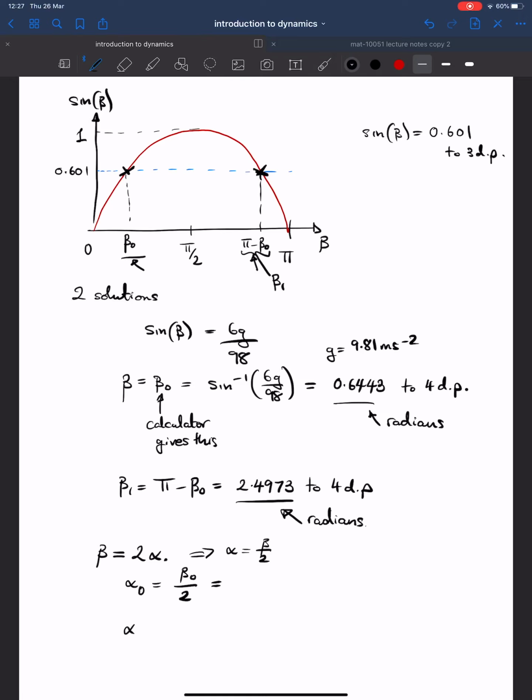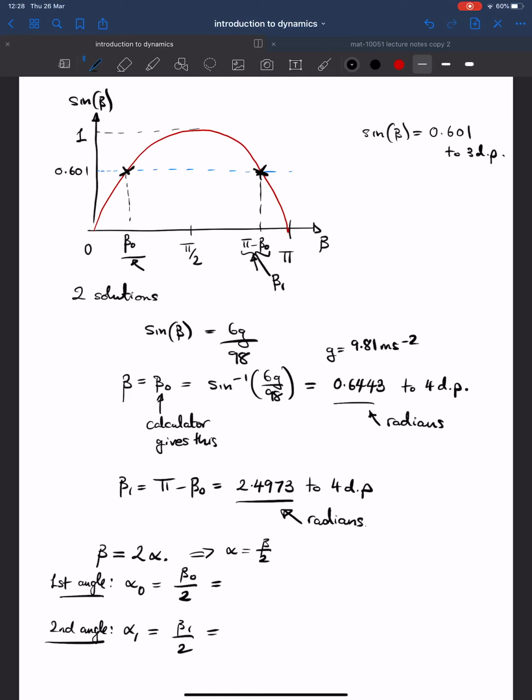So alpha 1 will be, this is our second angle, first angle, second angle. This will be beta 1 divided by 2. Okay, so first I'll quote them in radians.